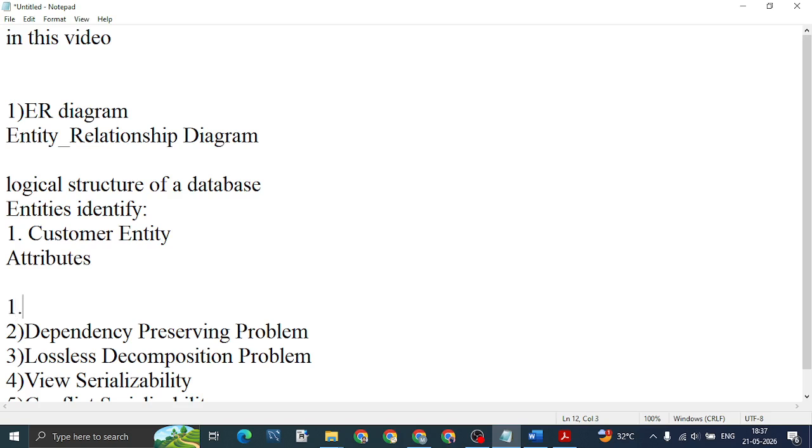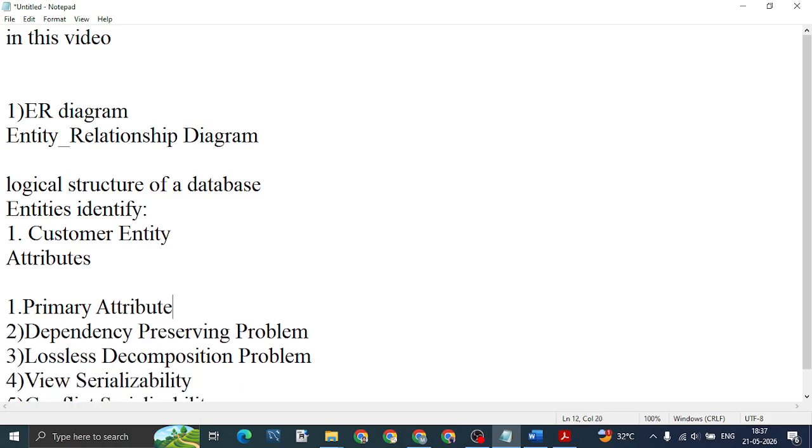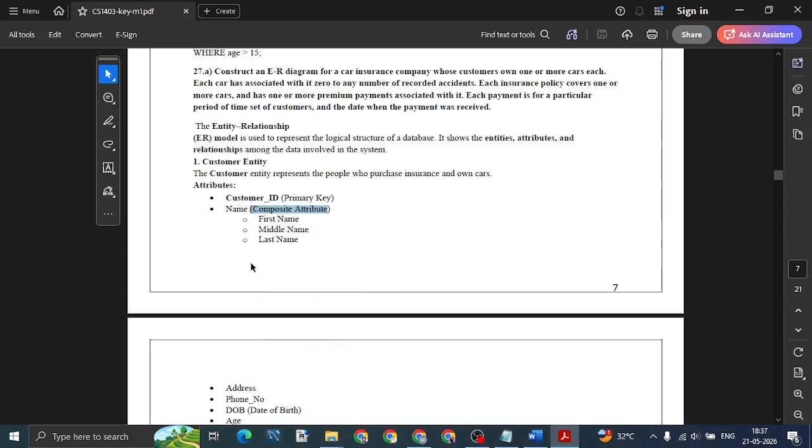Number one is the primary attribute, where you can uniquely identify your data, and the second is the composite attribute. Any attribute that can be further divided is considered a composite attribute.